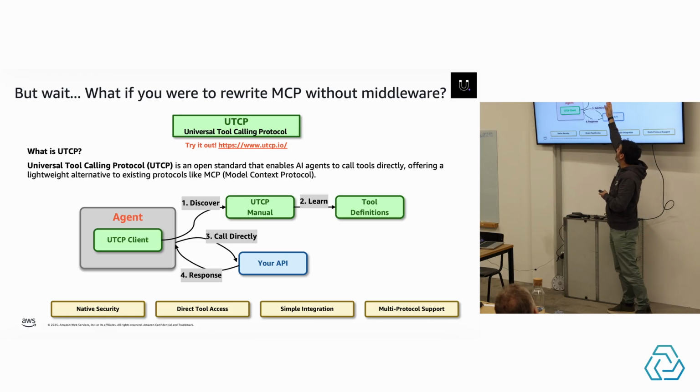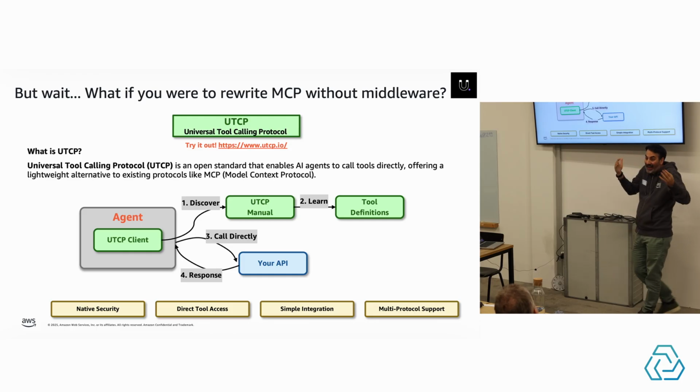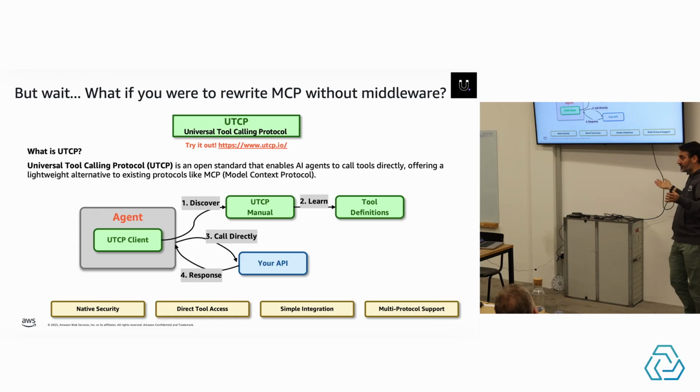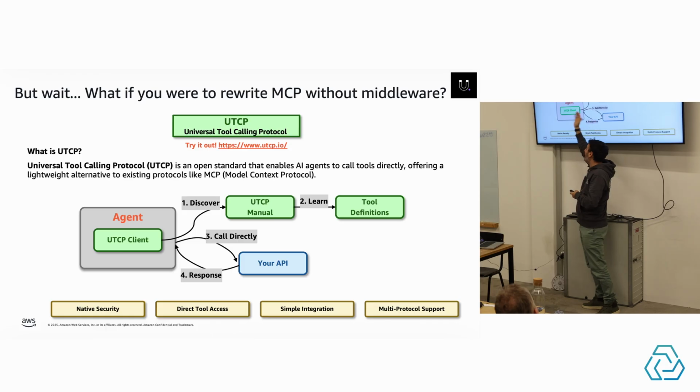What it needs is basically a JSON file, which sounds a lot like an OpenAPI spec, so you already have all the specifications you need, and then the agent is just the client that calls the API directly without the need for this middle layer.